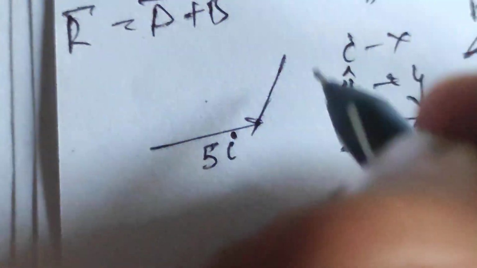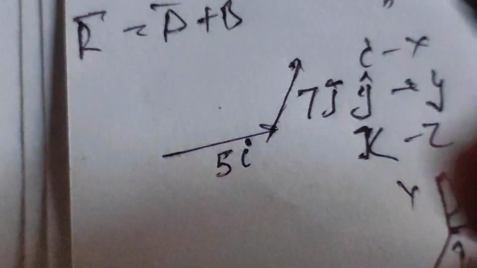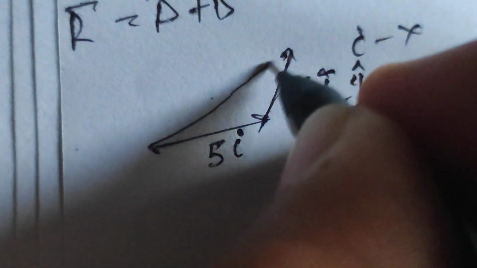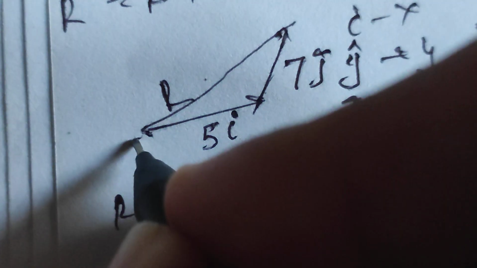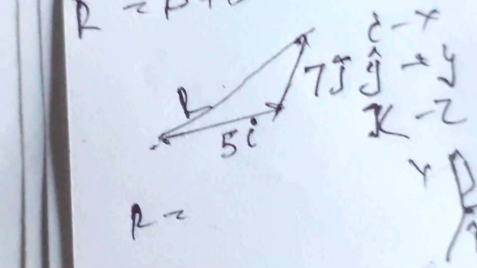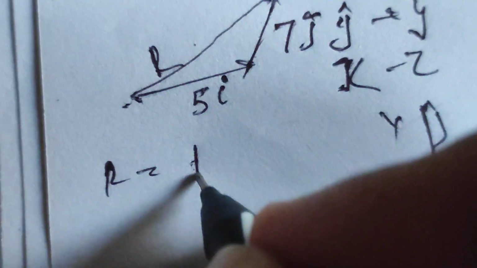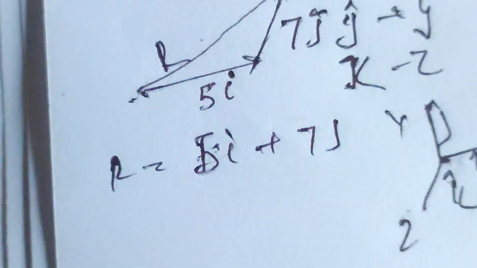And this becomes, say, 7 j cap. The resultant in the triangle law becomes R. It means you walk 5 meters and then 7 meters. Overall you walk 5 in the east direction and 7 in the y direction.